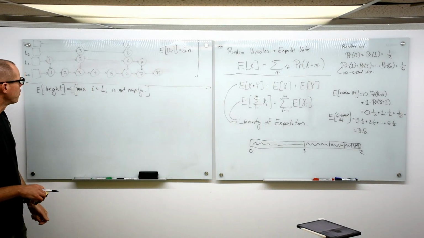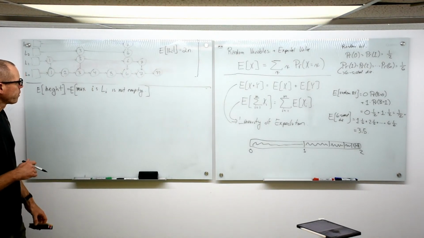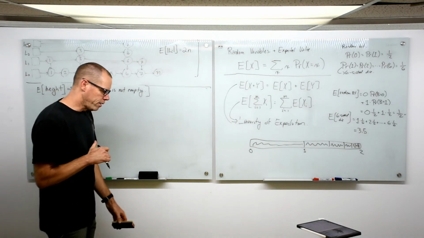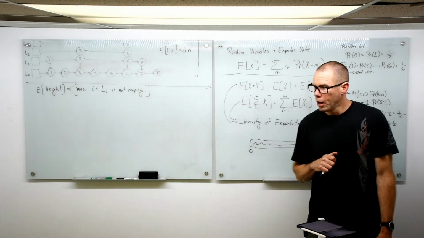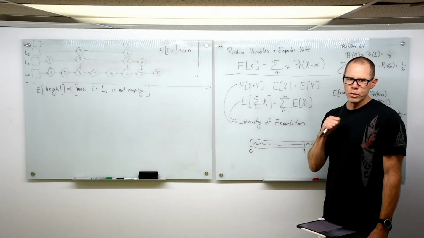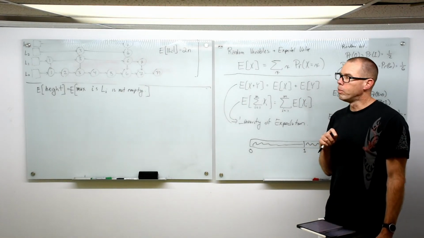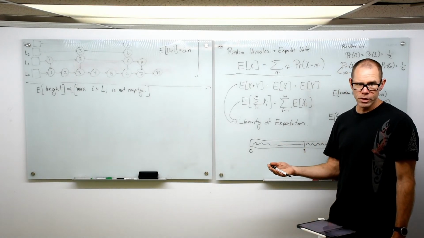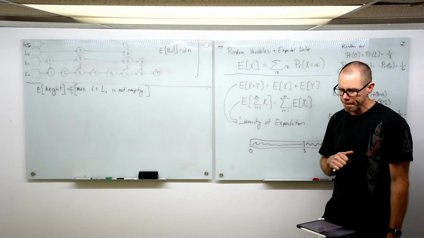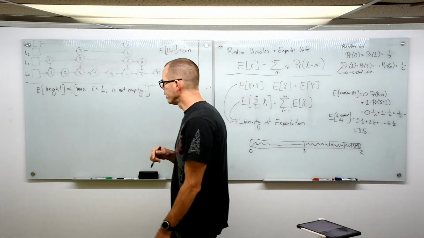We need to do something more clever. And we're going to follow the same strategy that we used when we were studying the first basic problem, which was how many coin tosses you have to do until the first head.